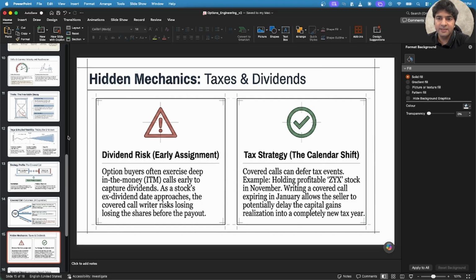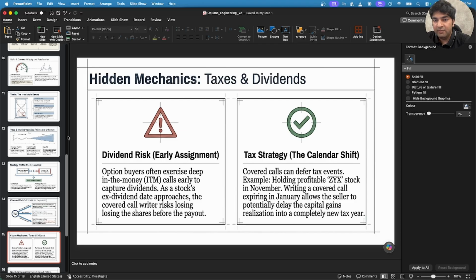And tax strategy: covered calls can defer the tax event. For example, holding the XYZ stock or the Reliance stock in November and writing a covered call with January expiry would allow the seller to potentially delay the capital gains into a completely new tax year. Since I told you this is prepared in the context of America, in our case March is the closing period.